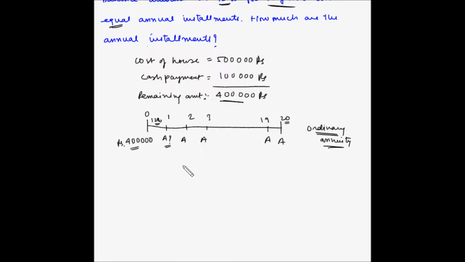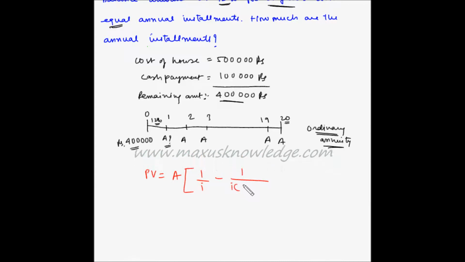For the purposes of solving this example, I'm going to use the formula for present value of an ordinary annuity, which is A into bracket 1 divided by I minus 1 divided by I into 1 plus I to the power n.